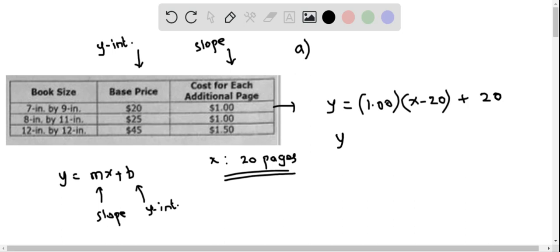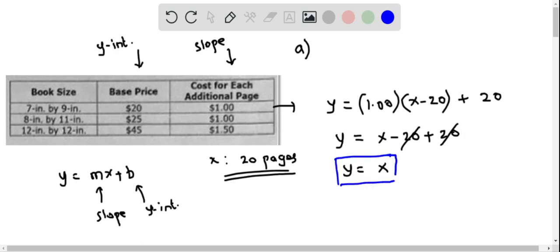So we can simplify this. 1.00 we can write simply as 1. So 1 times x minus 20 is x minus 20 plus 20. We can cancel the negative 20 and positive 20. Therefore this equals x. So this is the equation for y for the book size 7 inch by 9 inches.